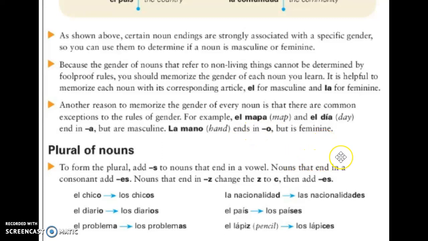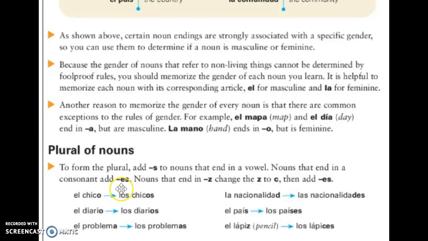Now, to form the plural of a noun or a sustantivo, add S to the nouns that end in a vowel. Nouns that end in a consonant, you're going to add ES. And then last, nouns that end in Z, change the Z to C, and then add the ES. So el chico becomes los chicos, el diario, los diarios, el problema, los problemas.